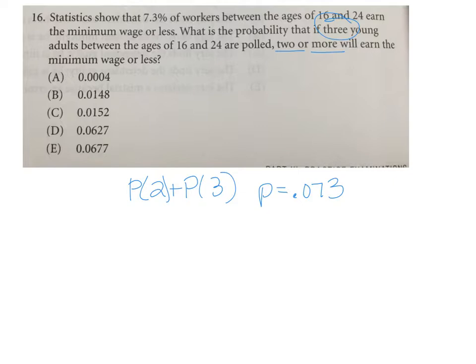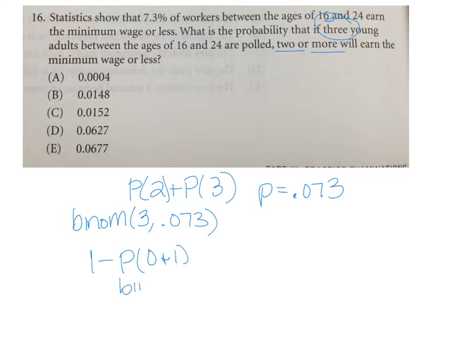So we have a binomial situation. We have success failure, we have fixed probability of success, and we have independence. So our binomial model has 3 with a probability of 0.073. And if I want the probability of 2 plus 3, I can do 1 minus the probability of 0 and 1.